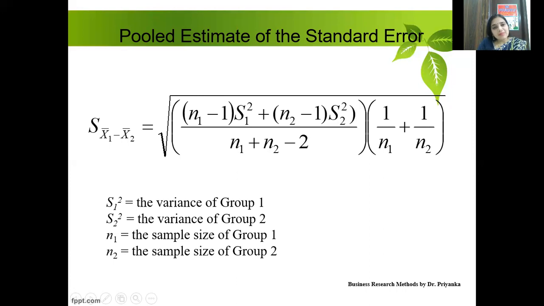So this is basically how you calculate the pooled estimate of the standard error for both groups.